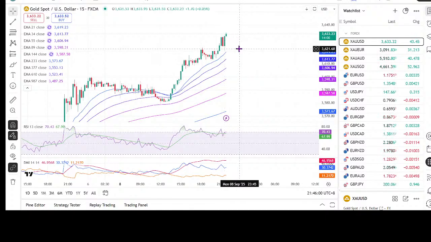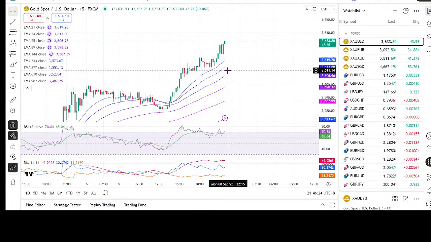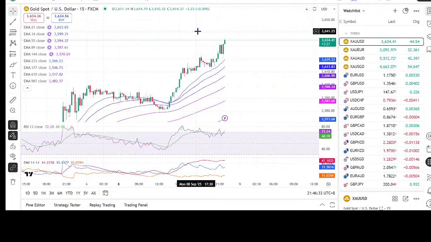But like I said, the next target we are looking at is 55 and 40. The market should be turning at 55 or 40 to take back our losses. Otherwise, we got to go for a buy, but right now the buy is a bit risky because we only have 15 more minutes for this time to finish.